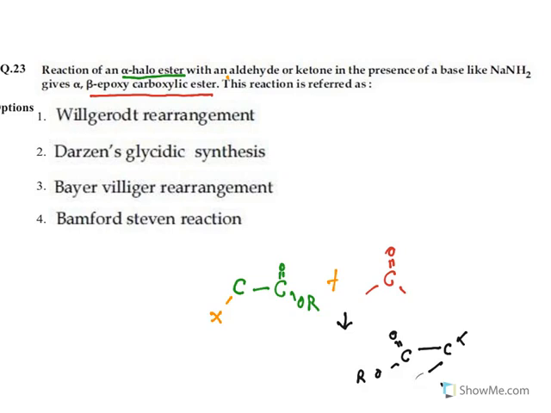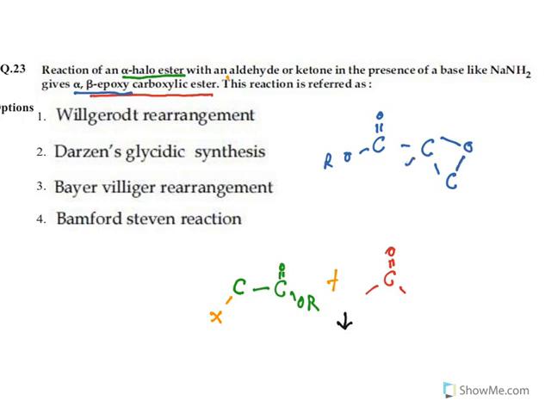Sorry. So see, this is an ester, C double bond OR. Now the next carbon is alpha and then the next carbon is beta. So alpha beta epoxy carboxylic ester means they form an epoxy bond. So this is an alpha carbon, this is a beta carbon and this is an alpha beta epoxy ester.